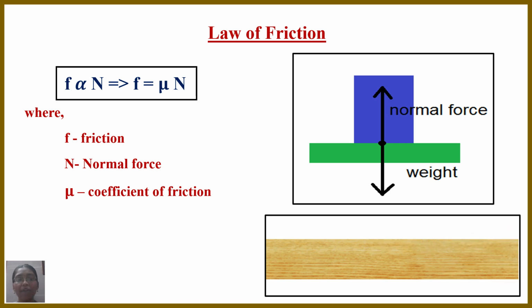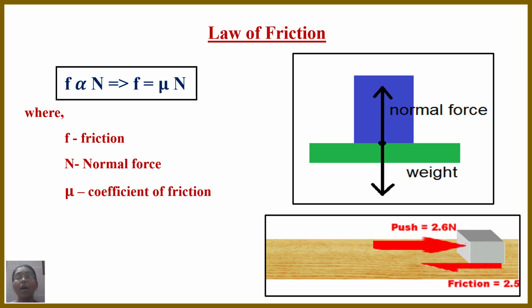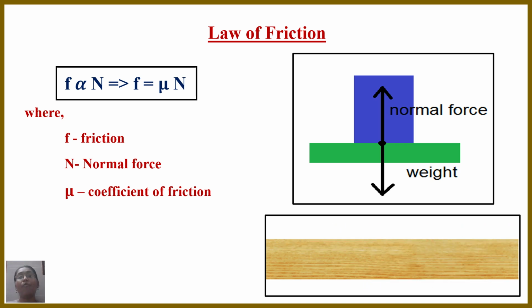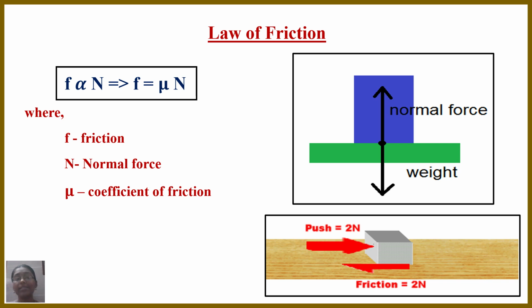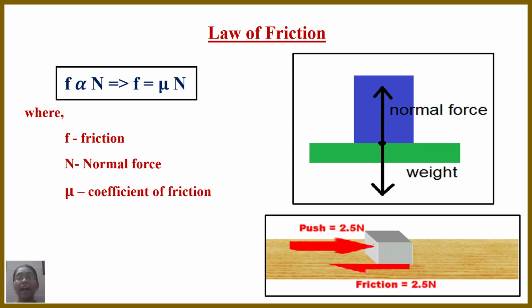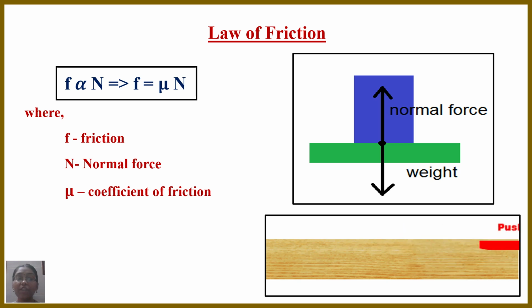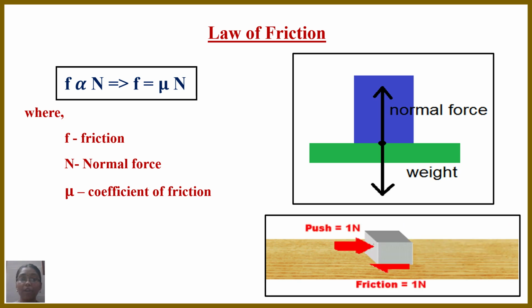So from this, what can you understand? If you increase the normal force, that is, if you increase the pressure on the floor, then you have to apply more external force also. If you increase the normal force, the external force will also increase. As a result, the frictional force also increases. In the second gif you can see that if you give 10 Newton force, the friction force will also give 10 Newton force.